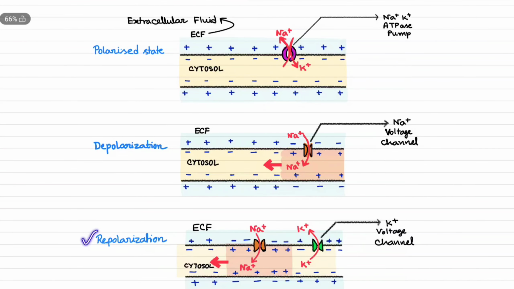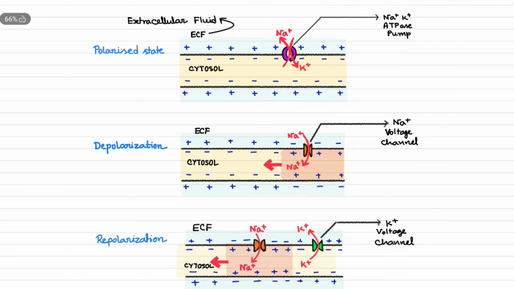Then comes the repolarization phase. In this phase, you can see the sodium channels are closed in this area, and the voltage gated potassium channels are open. Due to this, a huge amount of potassium effluxes from the axon, which causes again the change in charge inside from positive to negative, and the outside charge changes from negative to positive.